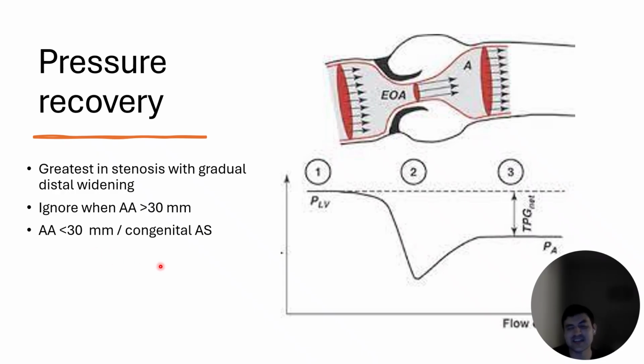That is important. If you have a huge gradient and the valve area is more than 1 centimeter squared, the data doesn't match up. So consider that it could be pressure recovery, meaning you are measuring from point 1 to point 2 and the pressure is vastly lower, so the difference is higher.